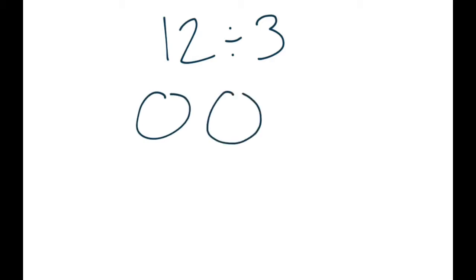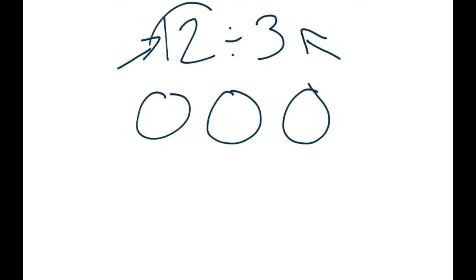Okay, let's do this. This is the group method, and it stresses what division is all about, separating a large number into smaller groups. This is our large number, and this tells us how many groups we need to separate our large number into. We need to find out how much is in each group. So 12 divided by 3. This problem tells us that we need to divide 12 into 3 groups.